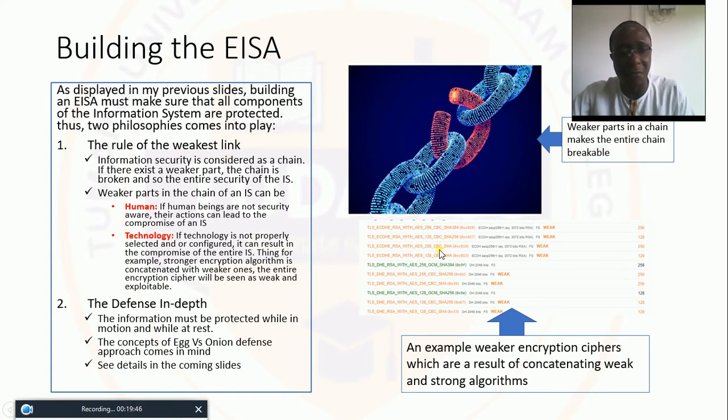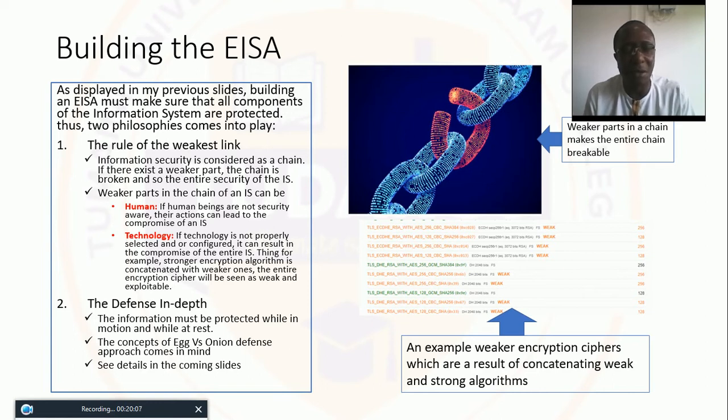When building the EISA, consider the defense in-depth concept, which I mentioned earlier. The information must be protected while in motion and while at rest. Some do protect information only while in transit.